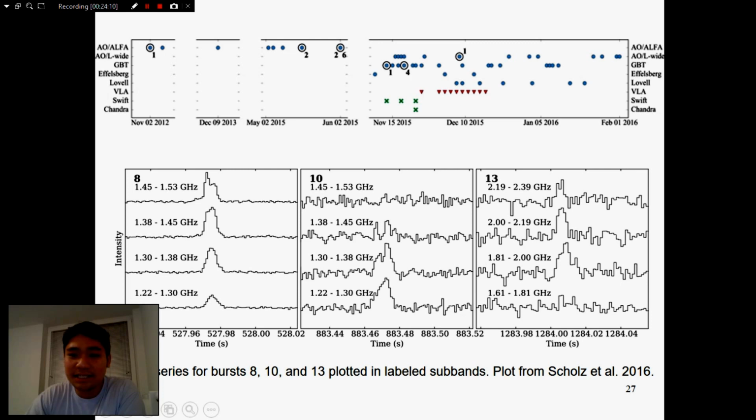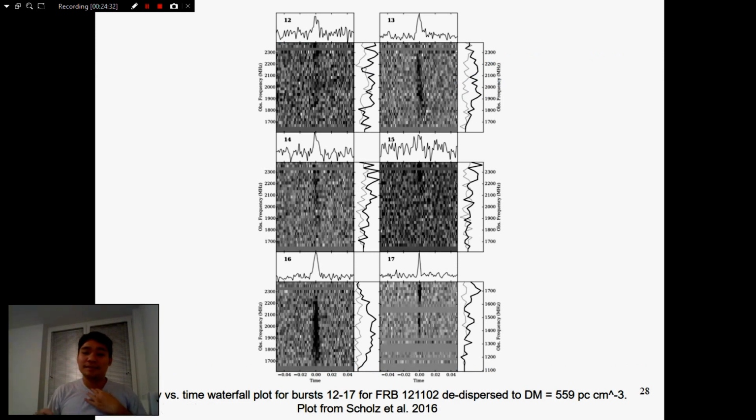No detection using gamma ray or the optical. And still, this new burst is sometimes brighter at higher frequency, sometimes brighter at low frequency. This is also the plot between frequency and time. You can see that it's still variable.